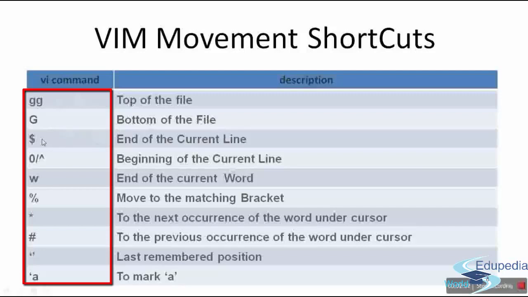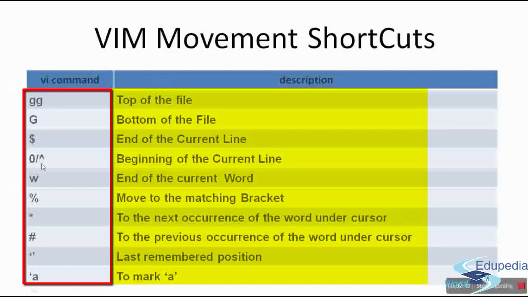Then dollar key will take you to the end of the current line. When you are in the escape mode and you are navigating, you are at a particular line, as soon as you press dollar, you will be taken to the end of that current line. Similarly, pressing either 0, the number key 0, or the sign of caption, which is mostly in the US layout keyboard over the key 6, when you press shift and the number 6 together, you will get this sign of caption.